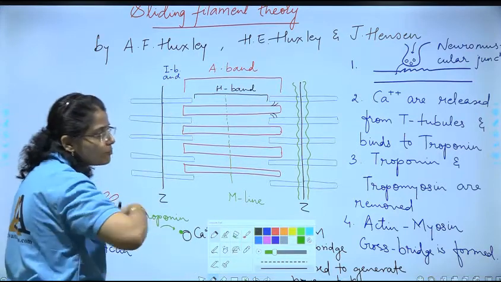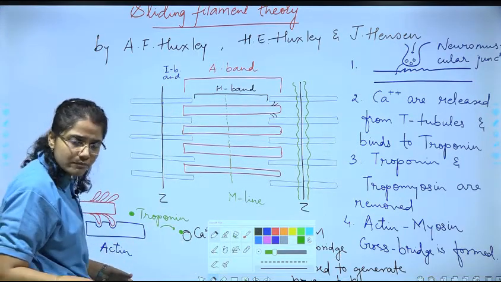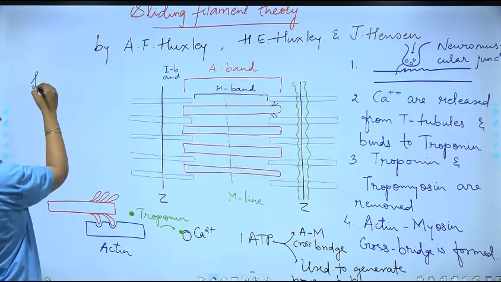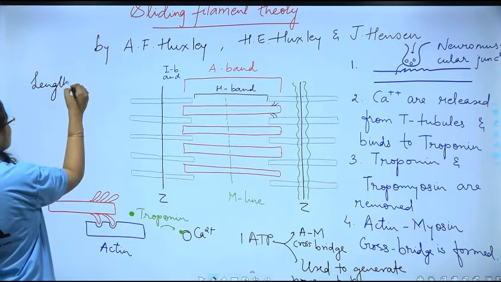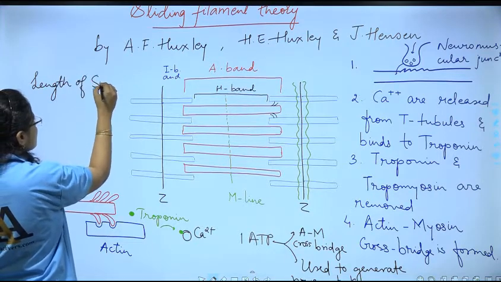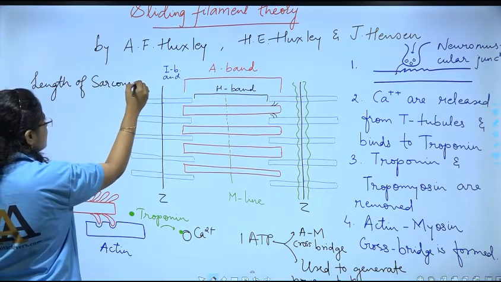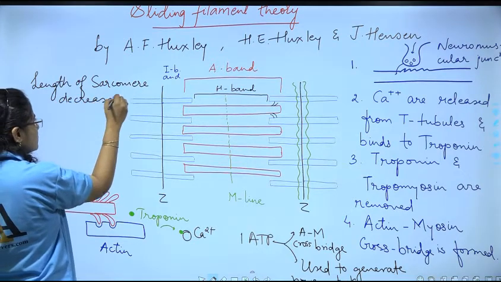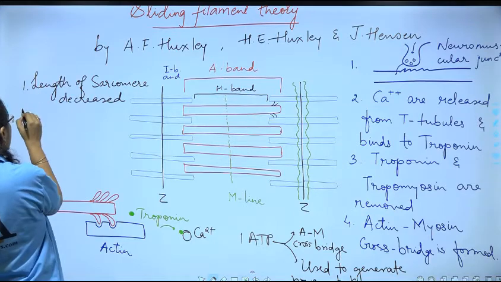In this whole process, what happened? Okay, the length of sarcomere decreased. This is one thing what happened.